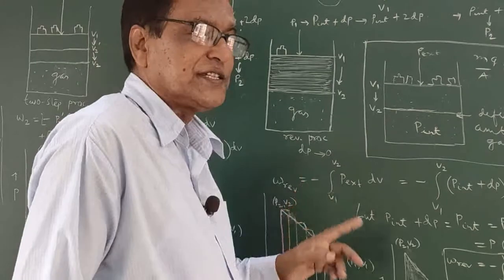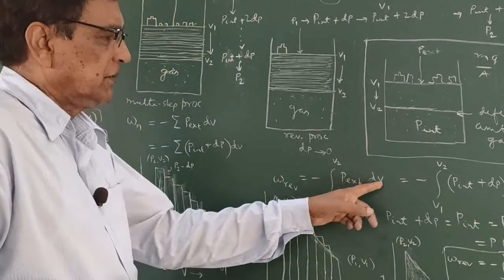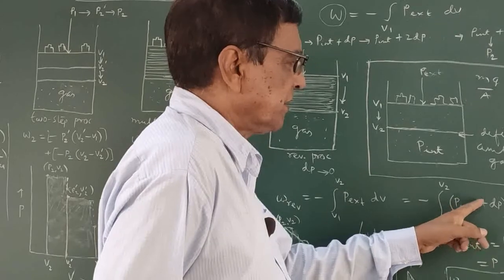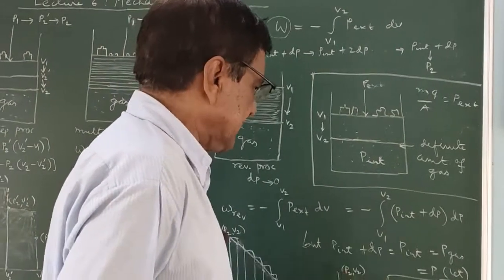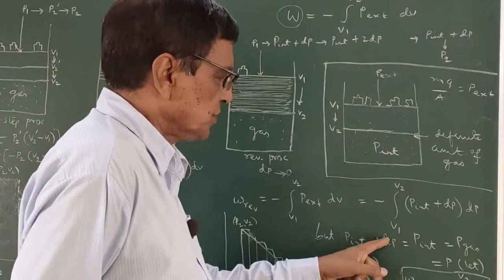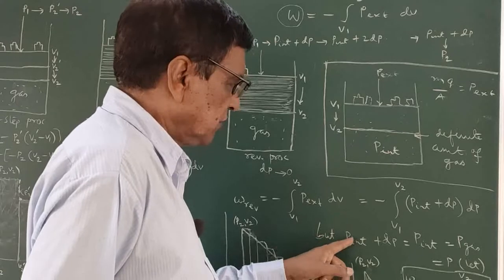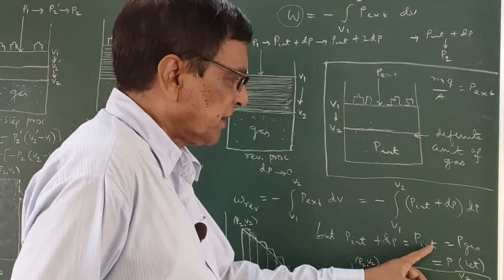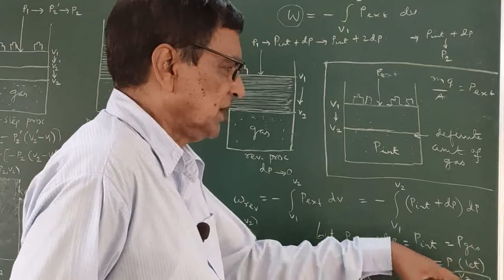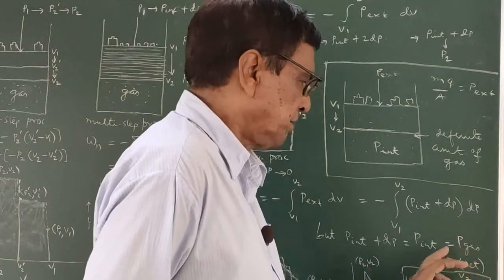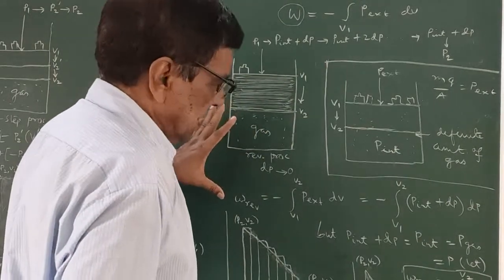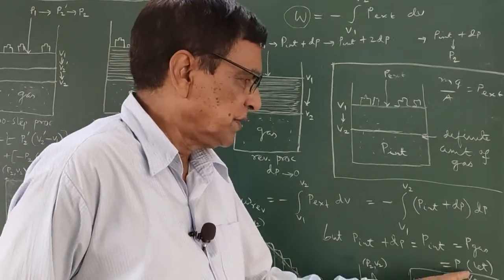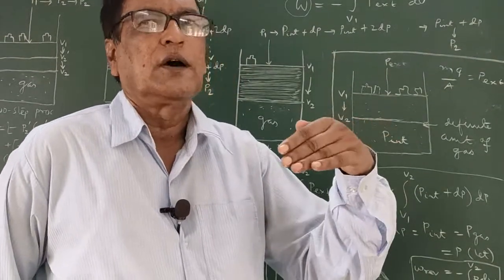Now we can do this integration as the pressure and the volume are both changing continuously, and minus P external means P internal plus dP into dV, and since dP almost tends to 0, P external equals P internal plus dP, which equals P internal, meaning the pressure of this gas, and we can write instead the pressure of this gas as P. So the formula for the calculation of the work done in a reversible process is minus integration V1 to V2 PdV. P is the pressure of this gas.